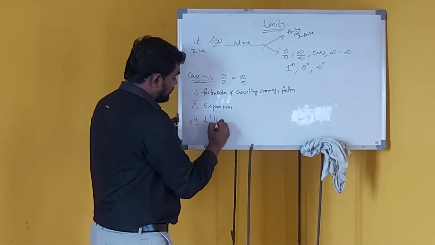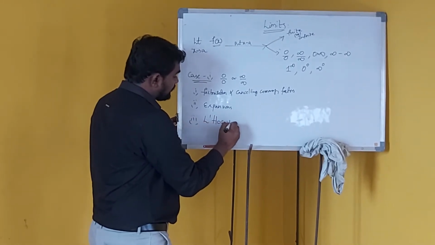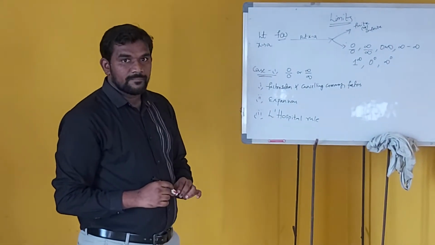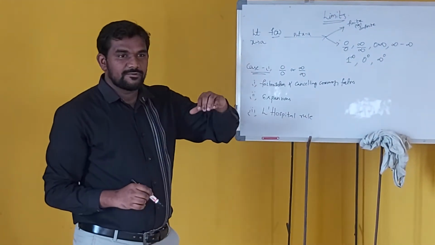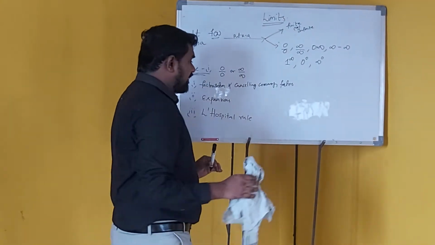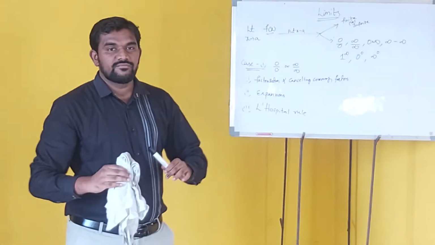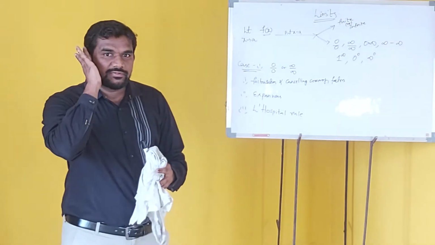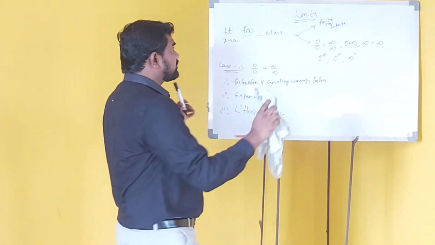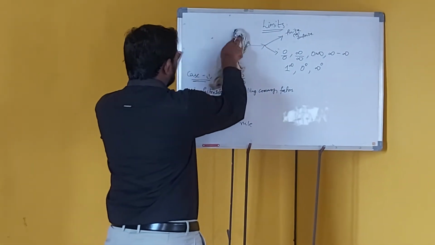And at last we have the very famous rule, L'Hospital's rule. When I say factorization, it could be rationalization as well, right? By using any of these 3 techniques, we can get away from the indeterminate form. Let me take 2 examples and explain how to handle that here.